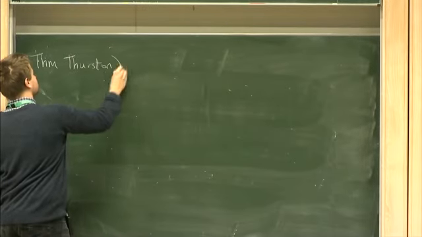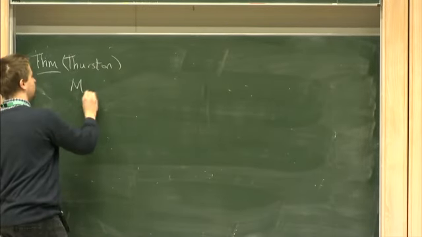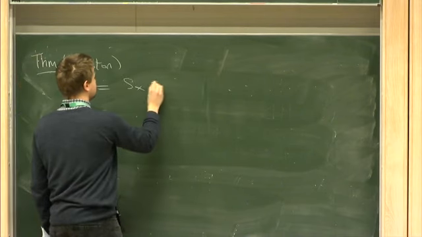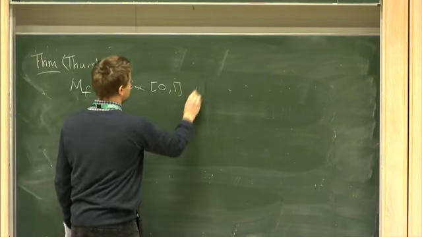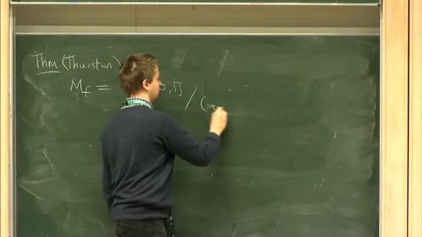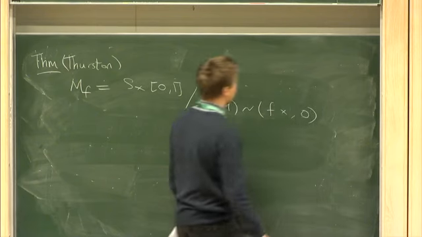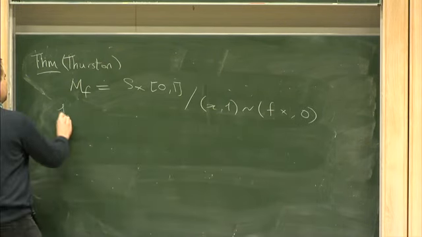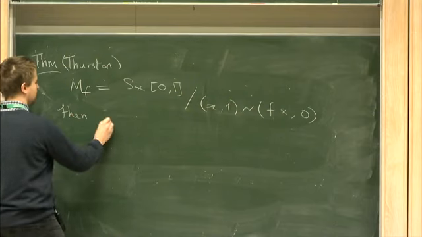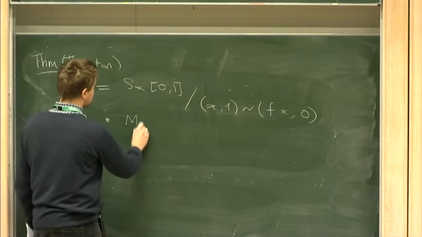And here's a follow-up theorem due to Thurston as well. If we write M_F for the mapping torus of F, then at least one of the following holds.